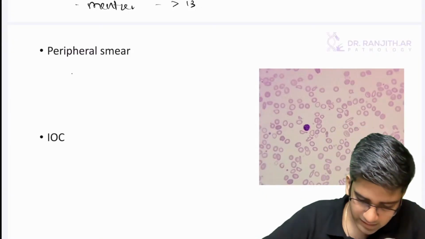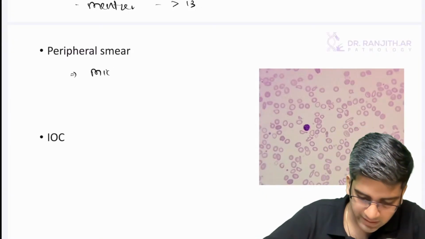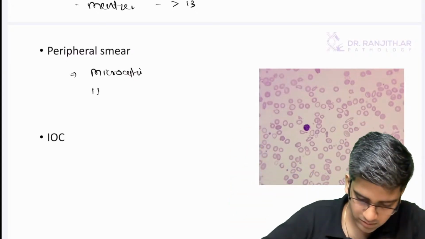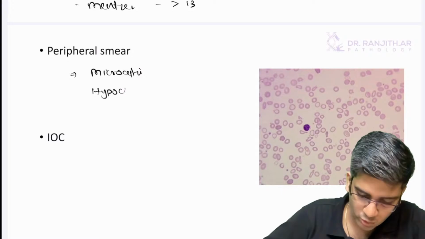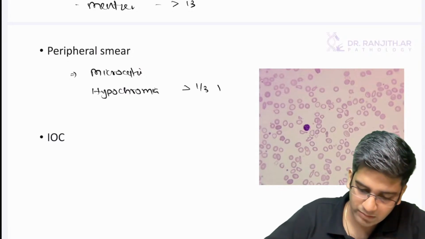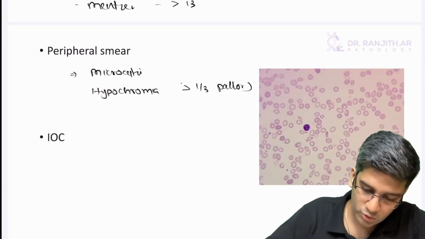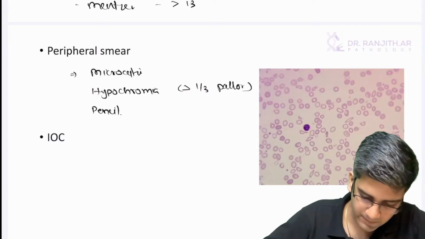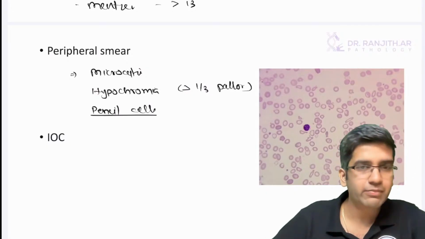To know the finding, I want you to write what microcytosis means, a comparison with lymphocytes. What does hypochromic RBC mean? More than 1/3 pallor. And also the classical finding, I don't want you to miss pencil cells. Pencil cells are a must, right?